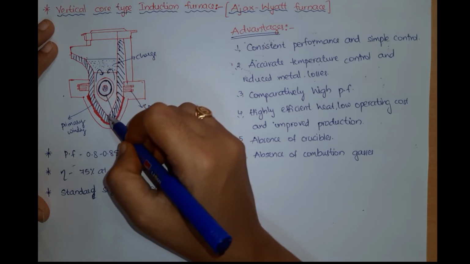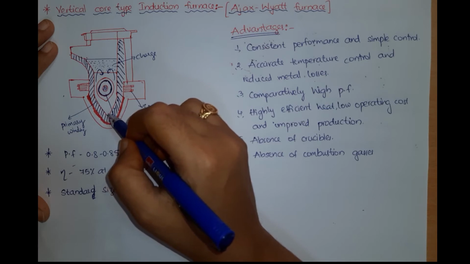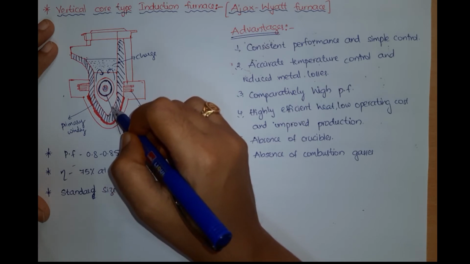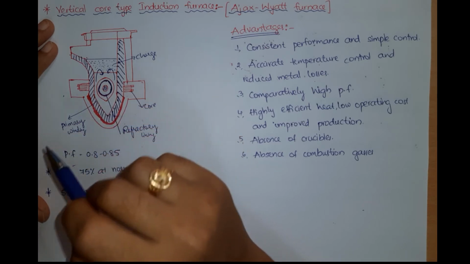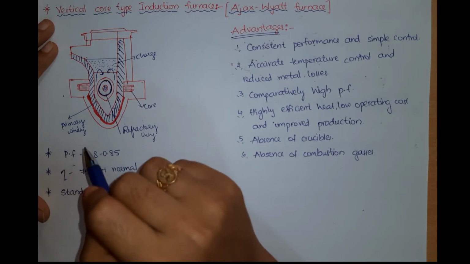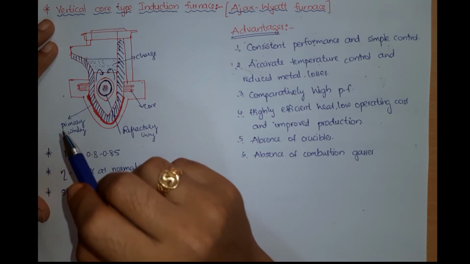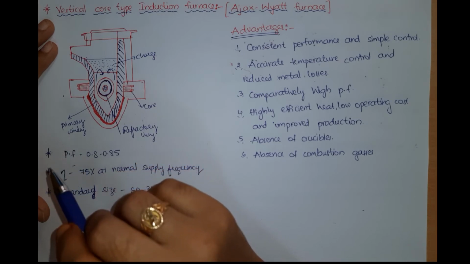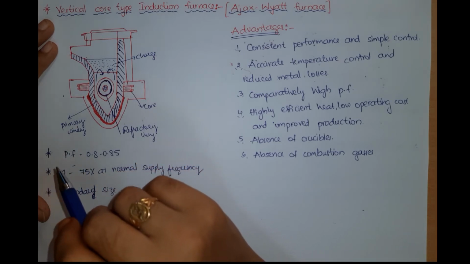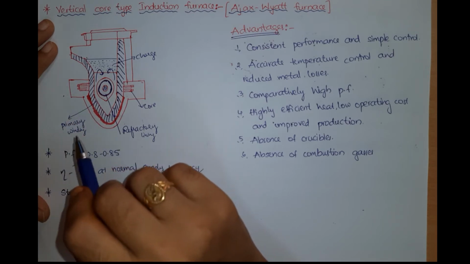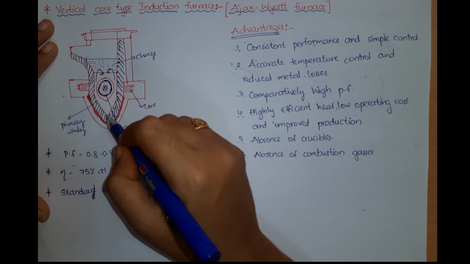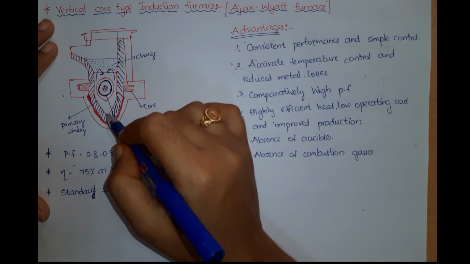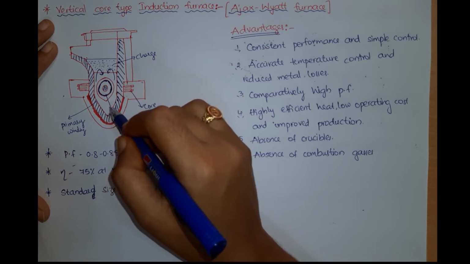You can see the V is very narrow so that even a small quantity of charge keeps the secondary circuit closed. The main drawback in the direct core type was that it must always be maintained with some amount of molten material for the secondary to be short circuited. Here a very small amount of charge is sufficient to keep the secondary circuit closed, right?